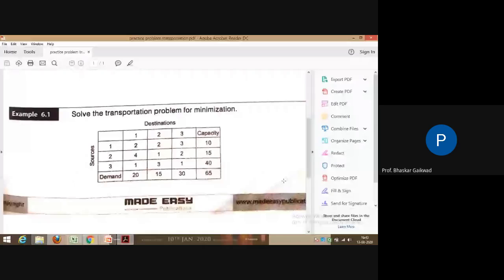Have you got this point? Northwest corner. Okay. Where is the value? First corner value in the square.